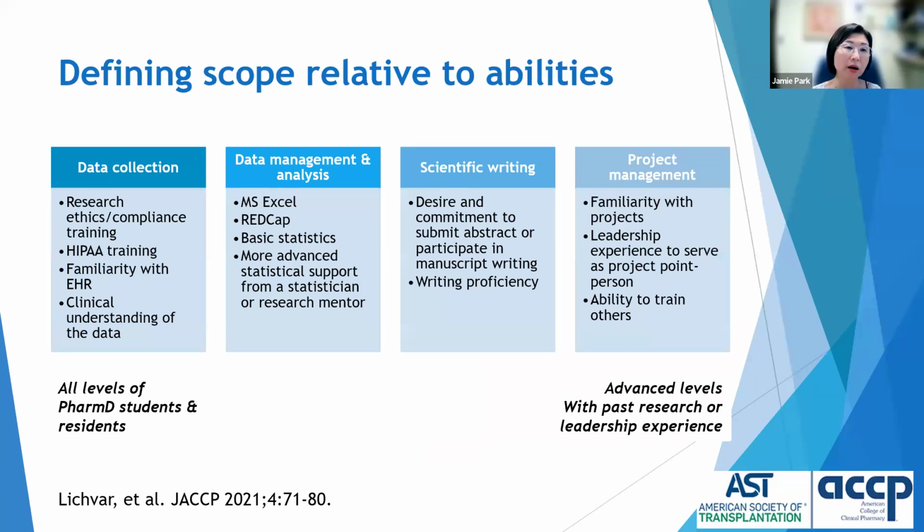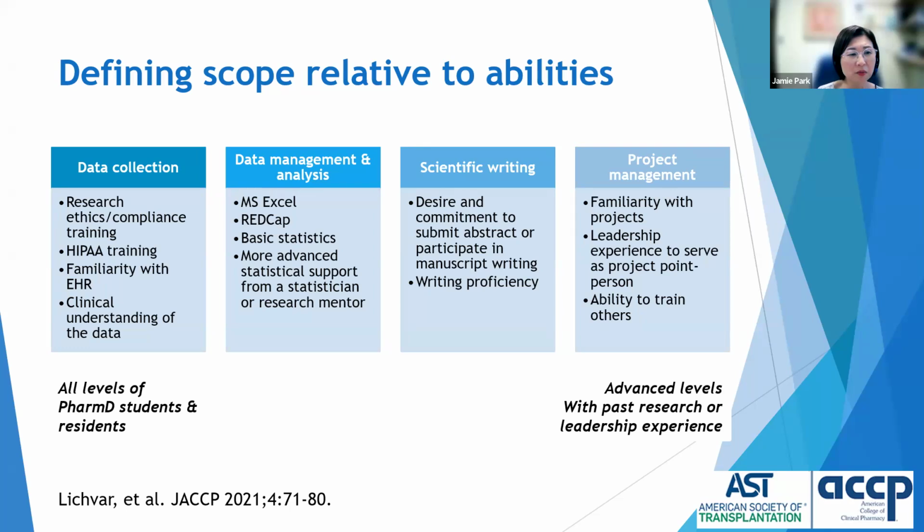So if you have different levels of learners, say you have students combined with PGY1 and PGY2 residents, I think any level of learner can participate in data collection with a minimum requirement completed. Those are institutional requirements for research ethics and compliance training, as well as HIPAA.